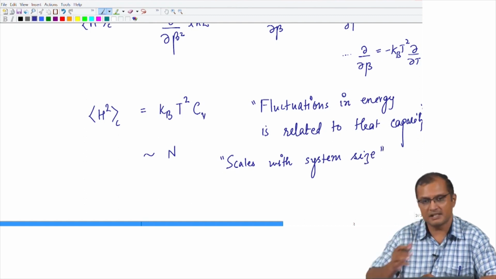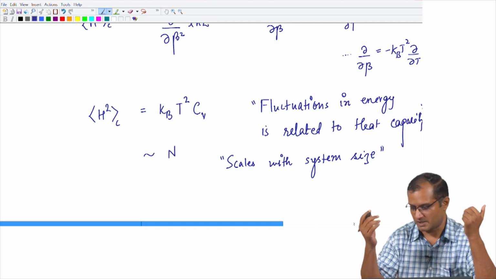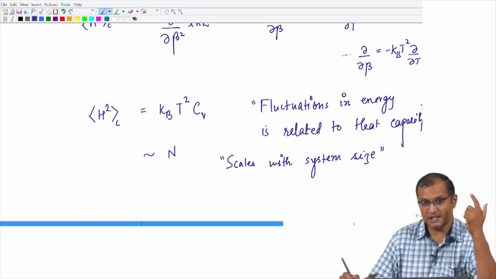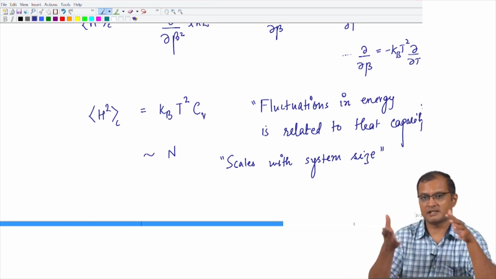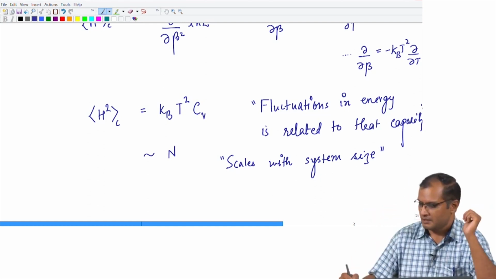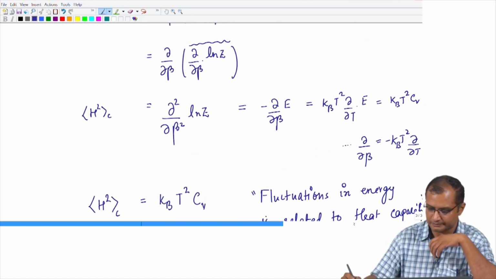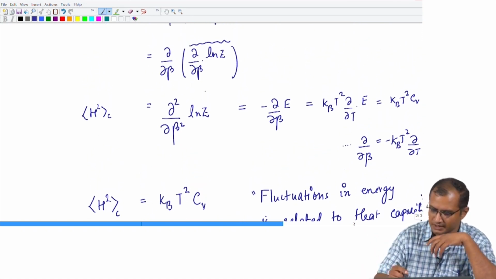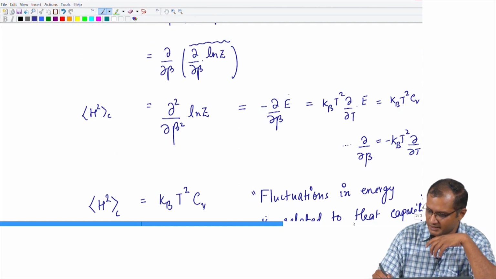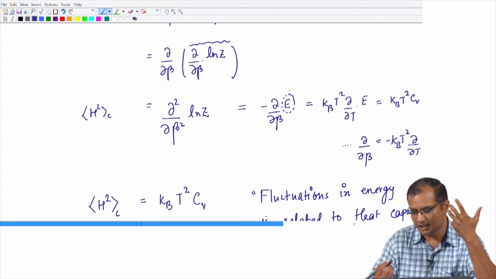So, heat capacity is a property which is extensive, it scales with system size. Specific heat is intensive because heat capacity by N is specific heat, which is an intensive quantity, but heat capacity is extensive. You can also see here, I know that this E is extensive, it is the total energy 3 by 2 N kT, okay, scales with N, and beta is intensive.